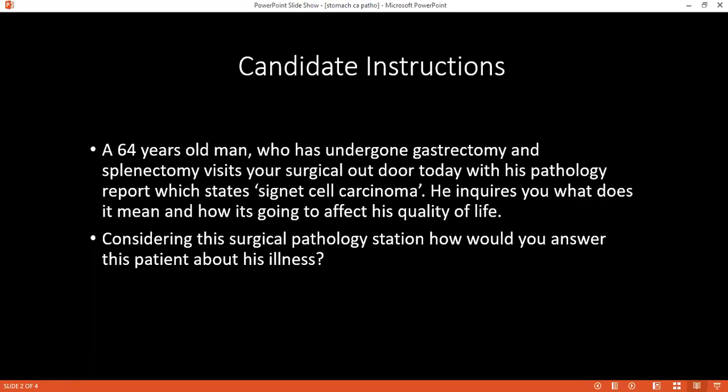Can you please tell me if there is involvement of any genes in association with stomach carcinoma? Yes, the genes involved are K-ras, P53. What's the function of these genes? They are the tumor suppressor genes and the proto-oncogenes.